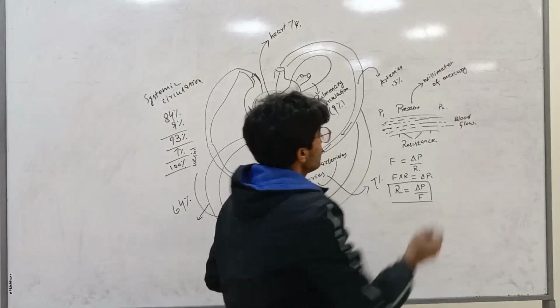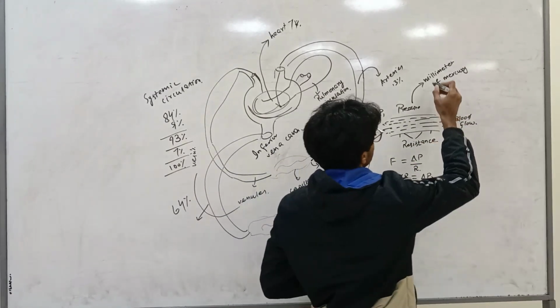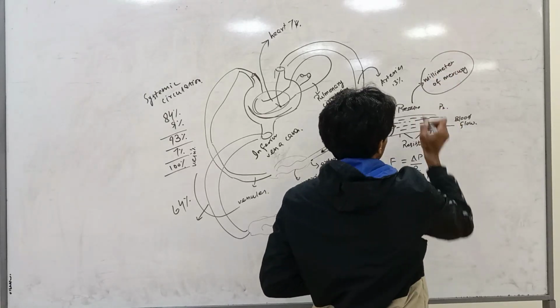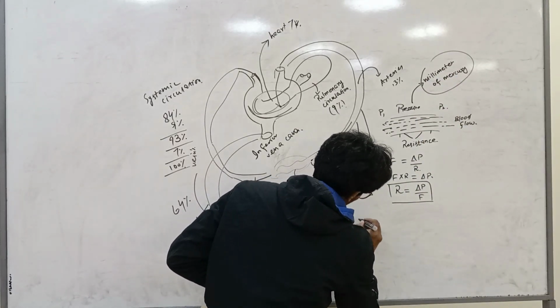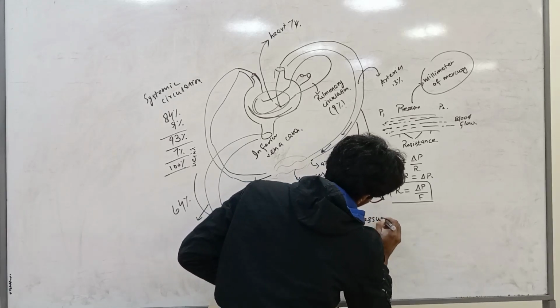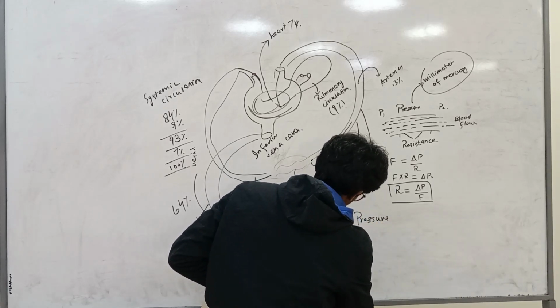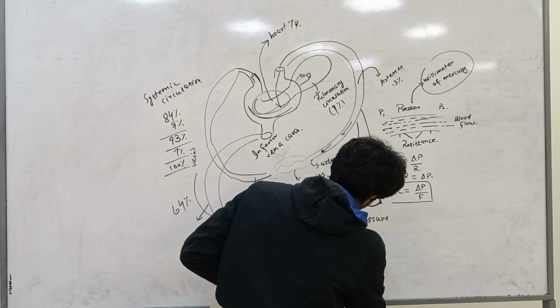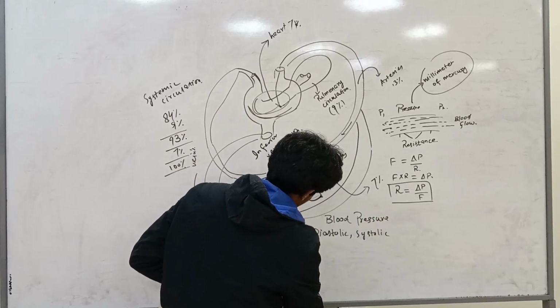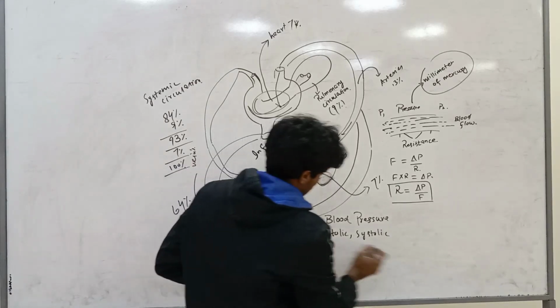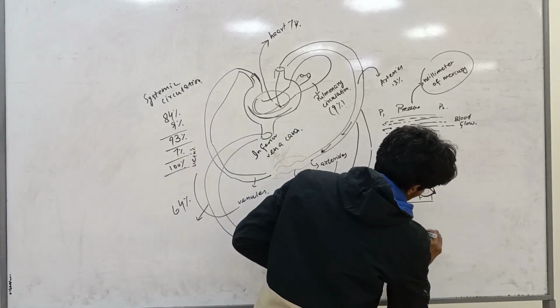Blood pressure we find with the help of millimeters of mercury. Two types of blood pressure: one is diastolic, another is systolic. Diastolic is 80 millimeters of mercury and systolic is 120 millimeters of mercury.